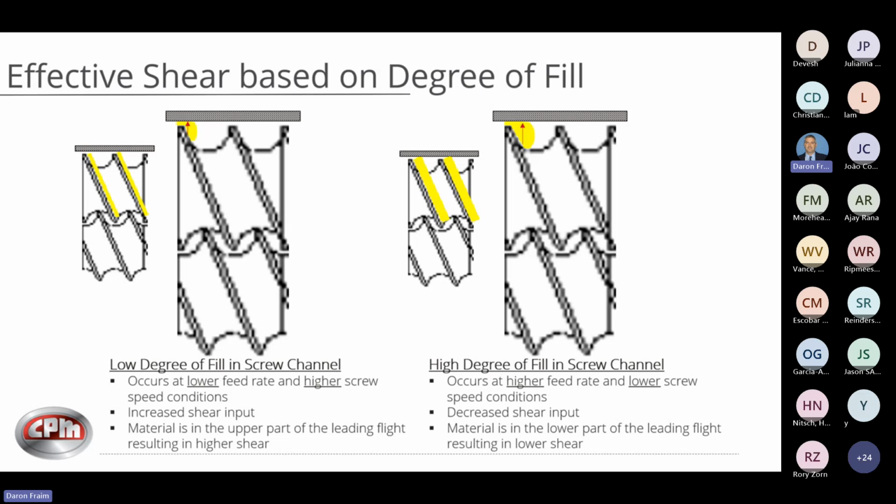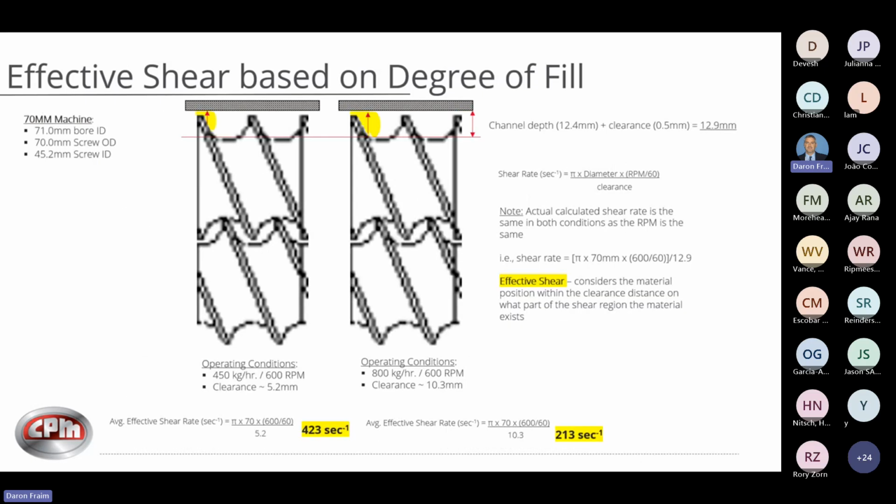And you can see here, kind of providing a visual of what that looks like. You get a very thin layer on a low degree of fill with most of the material in the upper part of that screw channel close to that maximum shear peak. But here on the high degree of fill, you get a larger volume fraction in that screw channel, and it starts migrating into that lower shear region.